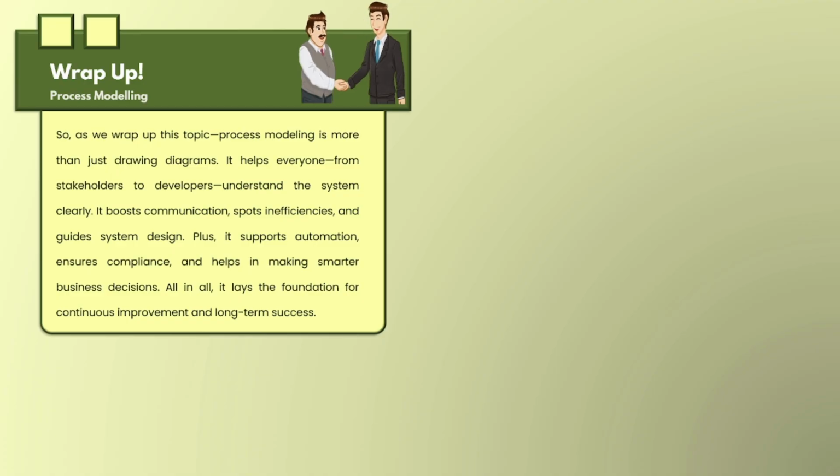All in all, it lays the foundation for continuous improvement and long-term success. I hope you have a better idea of process modeling and techniques like flowcharts, data flow diagrams, use case diagrams, and BPMN. In the next tutorial, we will dive into feasibility analysis, cost benefit analysis, and return on investment.